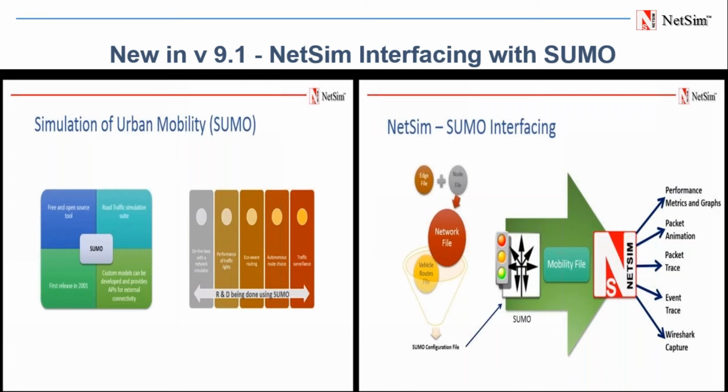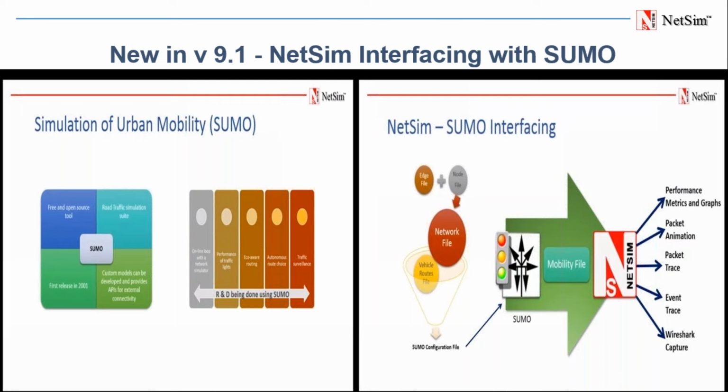So this Vannet simulation can be done using a third-party software called Sumo. So we can interface the Sumo with Netsim. Where Sumo is a simulation of urban mobility. It's a free and open source vehicular simulation tool, which can be further developed and edited with the help of APIs provided to connect with other tools.